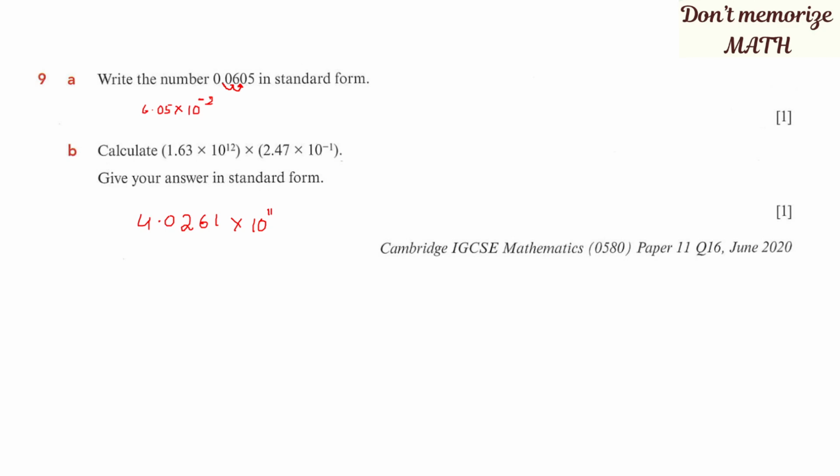You will sometimes get those types of questions in the non-calculator paper also. So keep in mind how to do these things, multiplication and addition, everything. You can use the indices rules to write the standard form if it is a non-calculator paper.